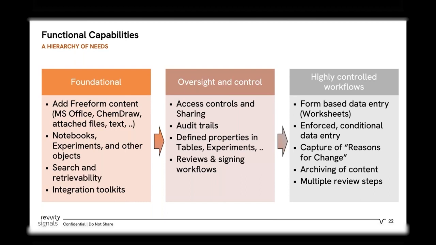We provide very deep, robust audit trails that allow you to drill into different content and see the changes that have occurred over time. We allow you to put structure around your experimental content, be that properties at the parent level, at the experiments, but also defining more tabular content such as tables. And we provide reviews and signing workflows that can be configured.